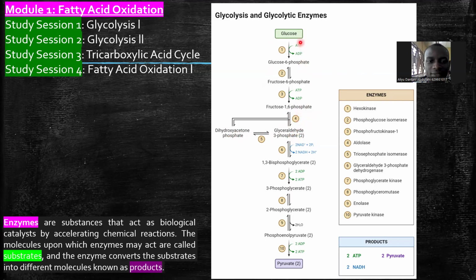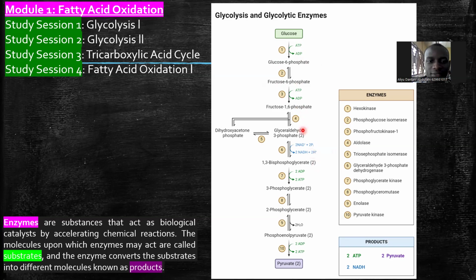Now, this is where the energy investment occurred. We didn't produce ATP here, we invested ATP, which is the energy currency of the cell. Now, this is the preparatory phase of glycolysis, and that's the first stage of glycolysis.